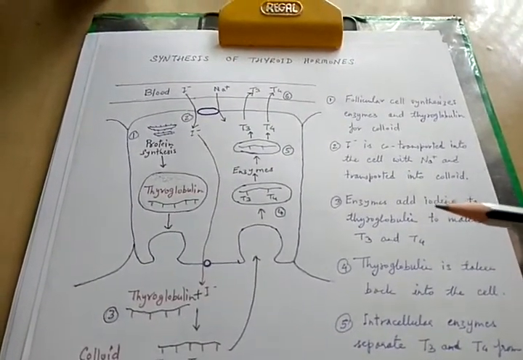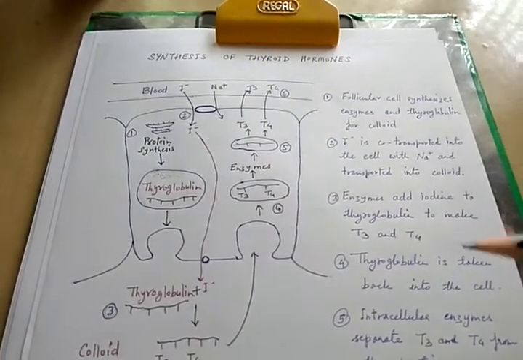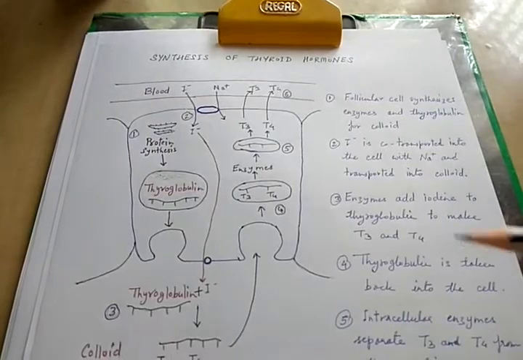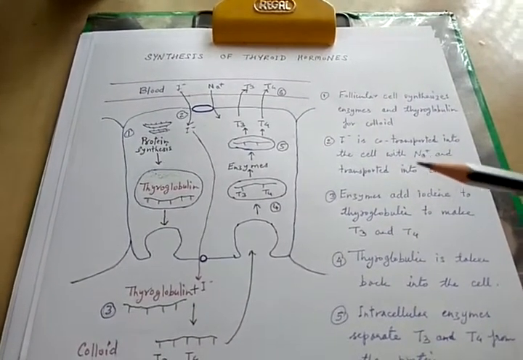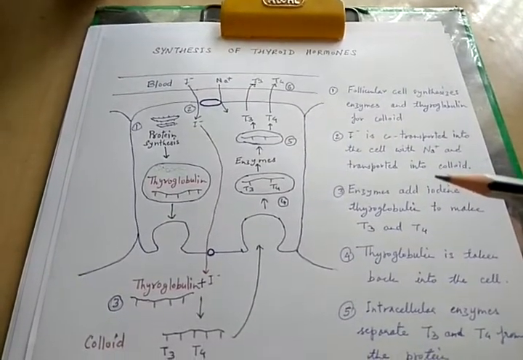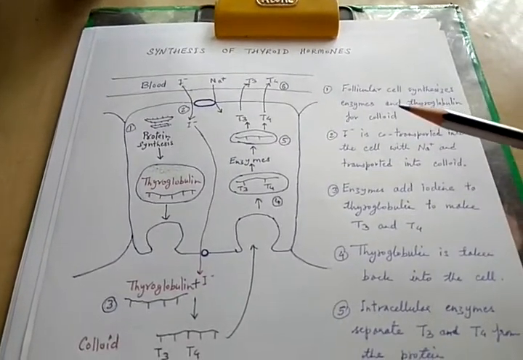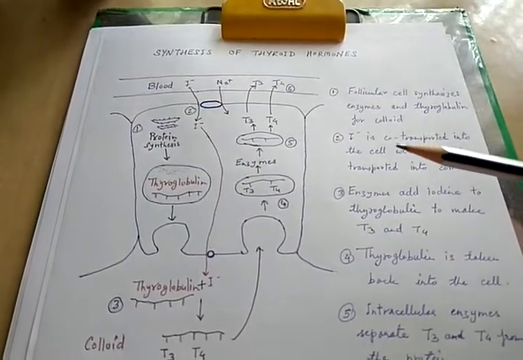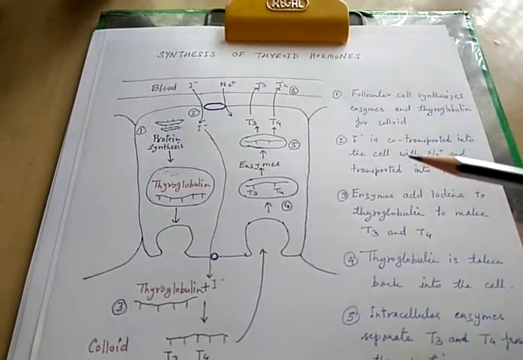So in the previous lecture we have discussed the hyposecretion and oversecretion of the thyroid hormones. In hypothyroidism, that is hyposecretion of thyroid hormones, goiter is developed, and that is the enlargement of the thyroid gland.